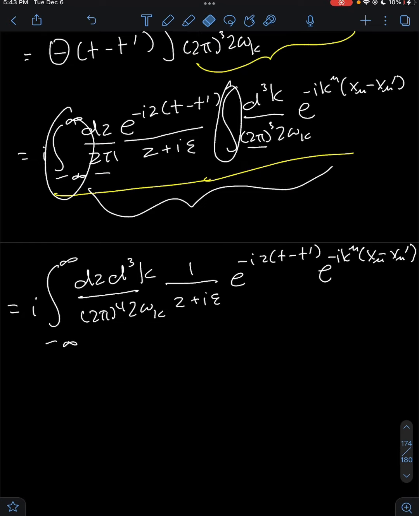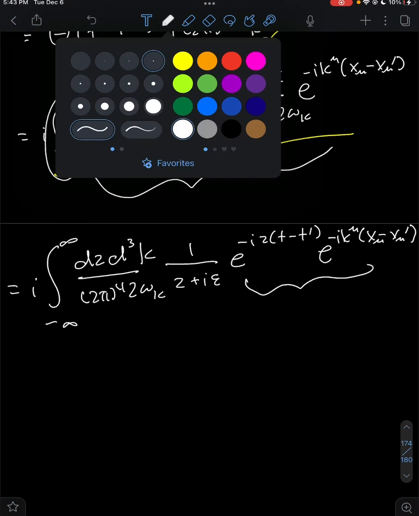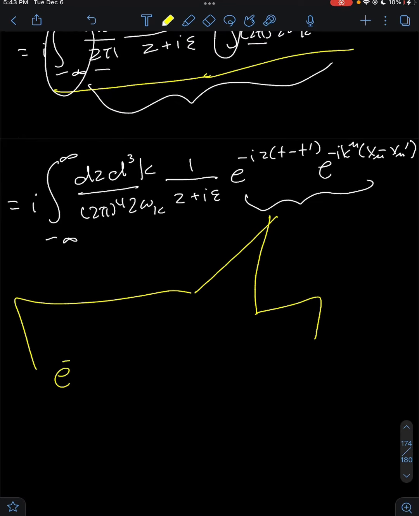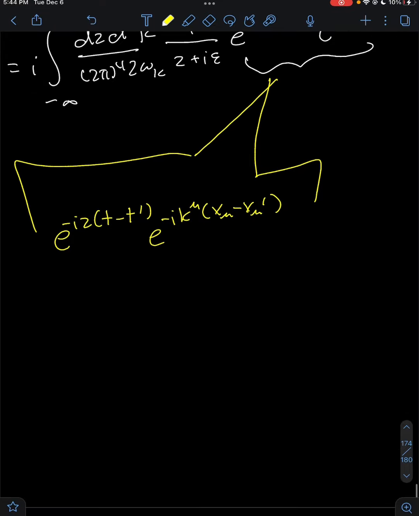We can do some simplifications. We can look at this term right over here. If we zoom in, we are looking at e to the minus iz times (t minus t prime) times e to the minus ik_mu times (x^mu minus x^mu prime). Alright, so what can we do here?